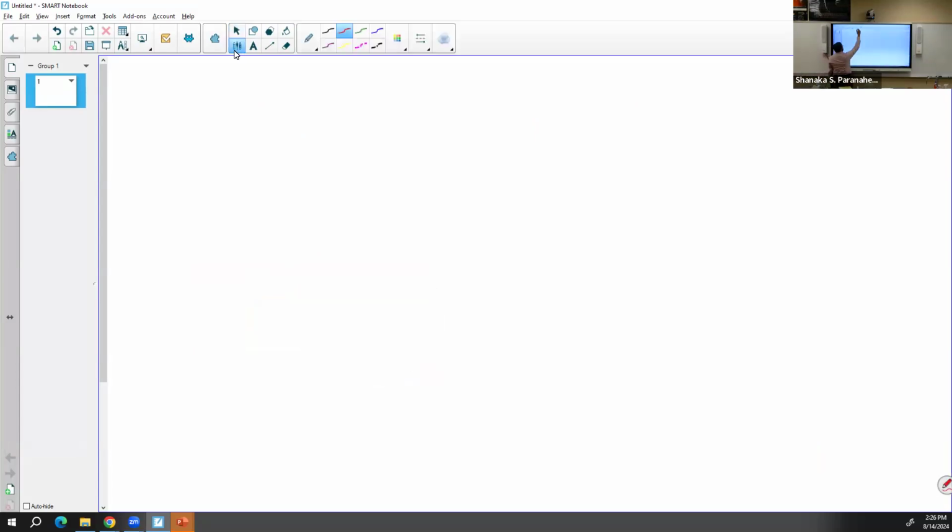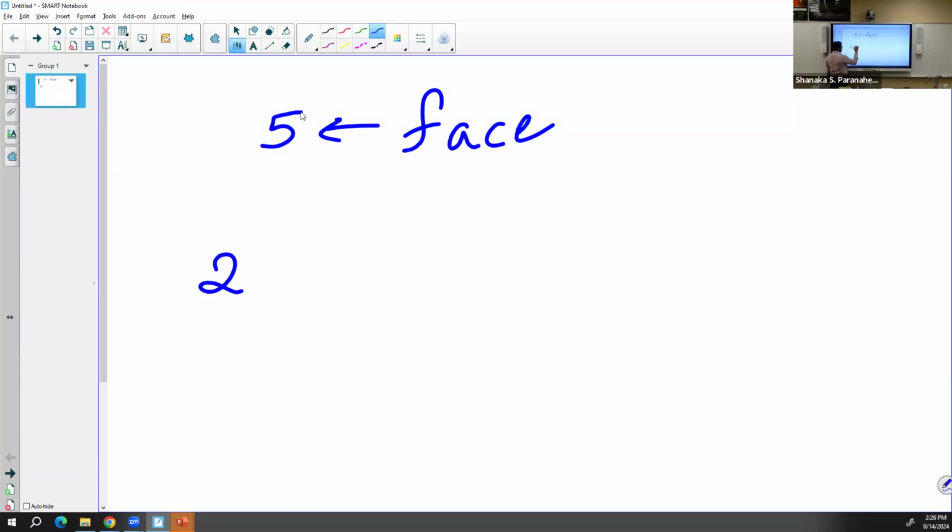As an example, when we write 5, 5 is the face value of its digit. But if this 5 is in a number like 257.19, there's another value for this 5, and it is the place value of this 5.